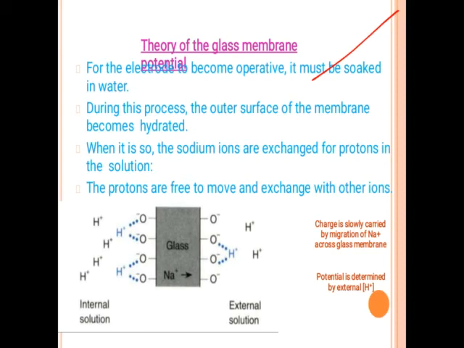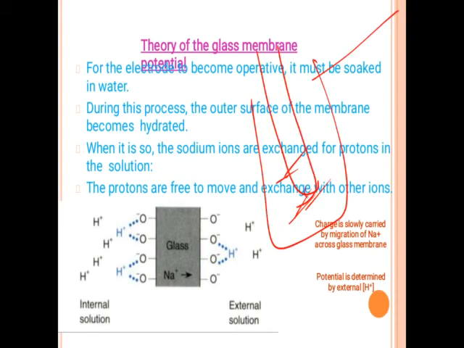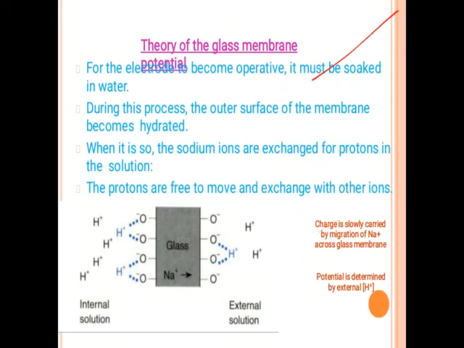So when we keep the glass membrane in the water, the outer surface of the membrane becomes hydrated due to the soaking of water molecules. When this takes place, the sodium ions are exchanged for the protons in the solution, and the proton becomes free to move and exchange with other ions.